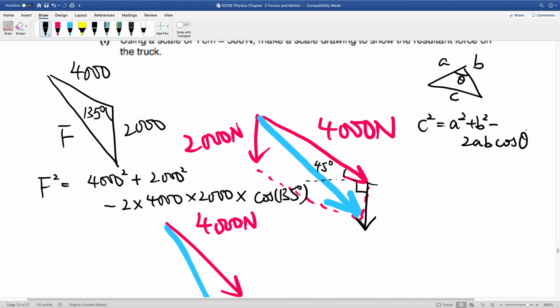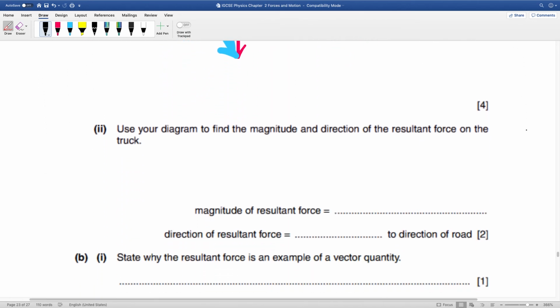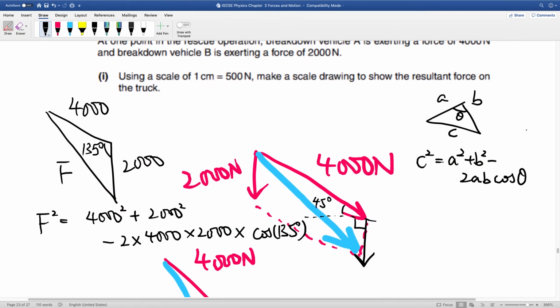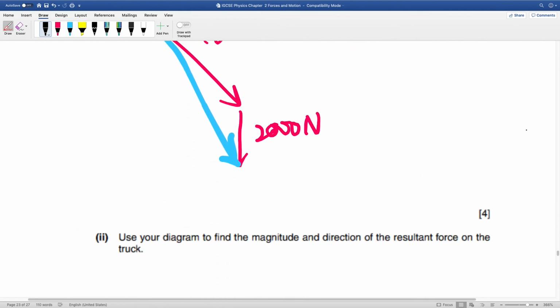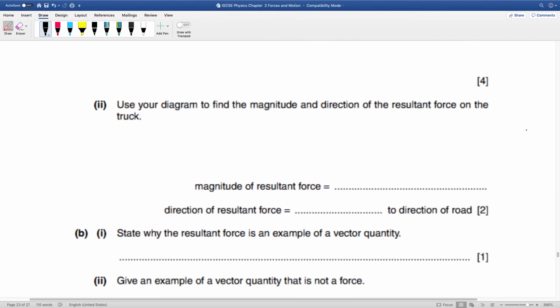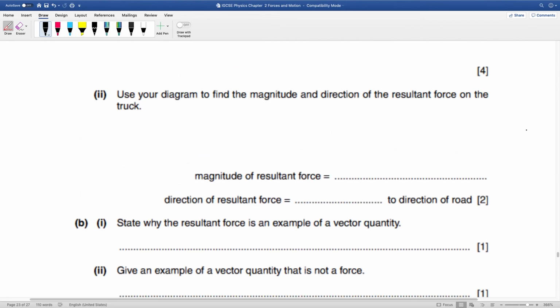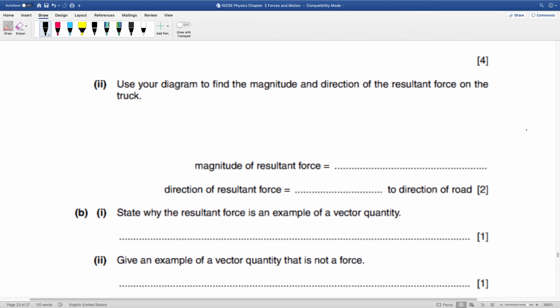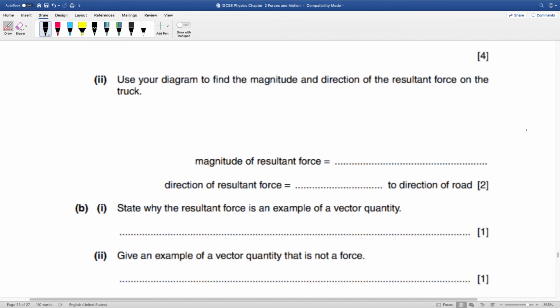Have you learned this one? No. Oh, you guys will learn it later on. Use your calculator to find it. Use your ruler to find the resultant force, and use your protractor to find the direction of the resultant force.